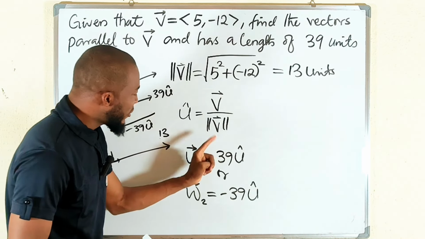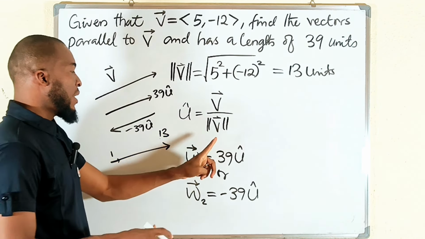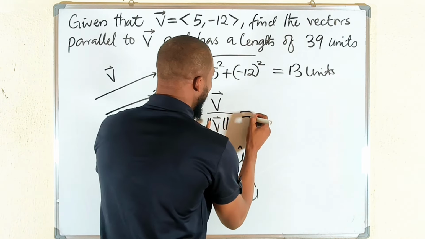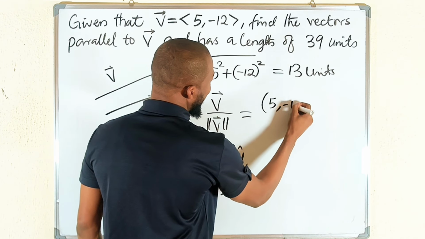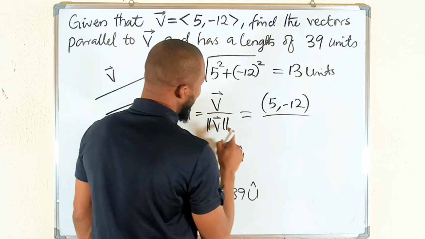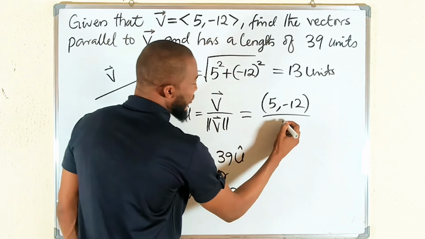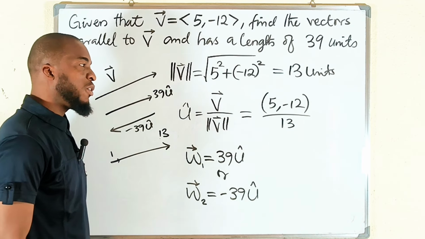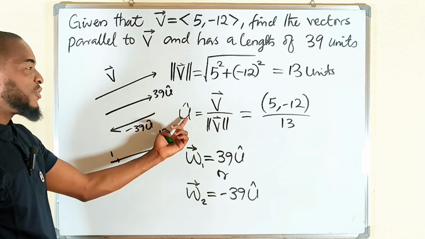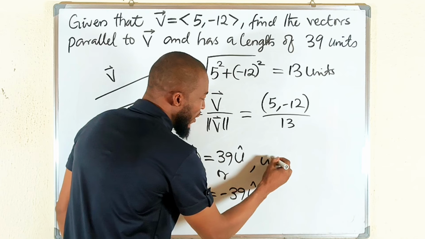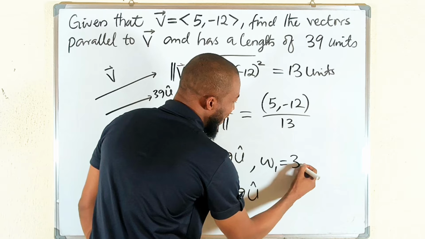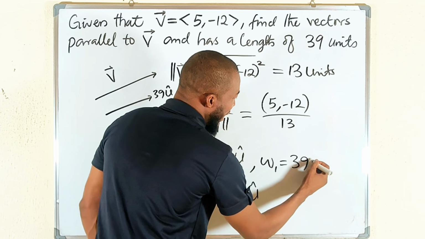All right, so now let us substitute everything. Our unit vector is now going to be the vector which has the components 5, negative 12, divided by the magnitude, which is 13. But we are not done yet. This is just the unit vector. To find the vector we are looking for, the first one will be 39 multiplied by whatever we have here.